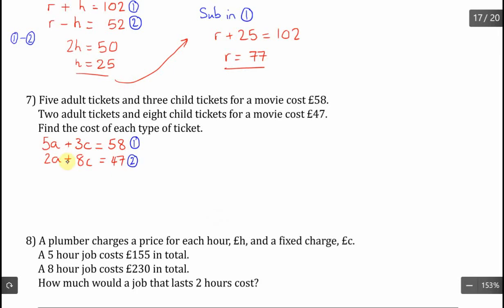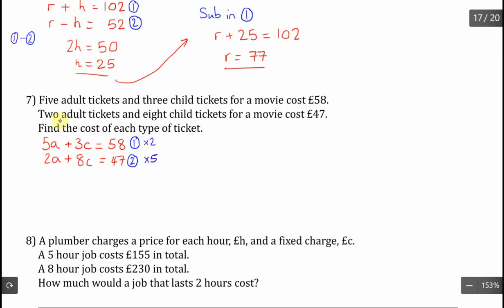Okay, none of these variables are ready to be got rid of because they're not the same, so I'm going to try and make my A's the same. And to do that, I'm going to try and aim for 10A. So I need to multiply this first equation by 2 and the second equation by 5.